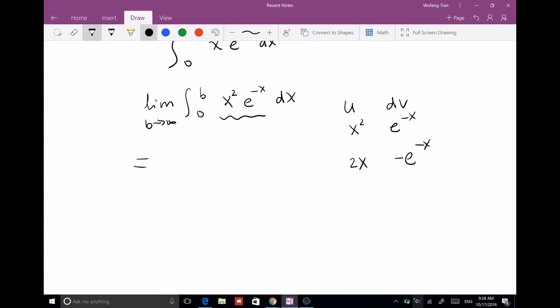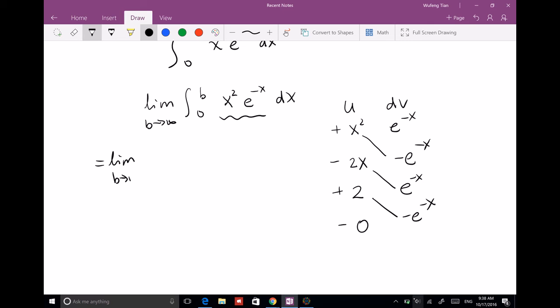Then the next derivative is going to be 2, and then back to positive e to the negative x, and then 0, and negative e to the negative x. And then you have the plus minus plus on the left. And so you have x squared times negative e to the negative x.